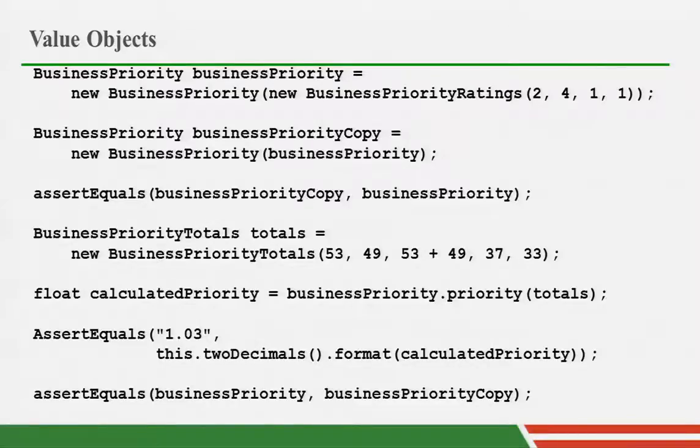Exactly. Exactly. Not that you necessarily have to do that, but I'm just illustrating that value objects are immutable. And if you need a new business priority, what you can do is say business priority dot with new risk, something like that.